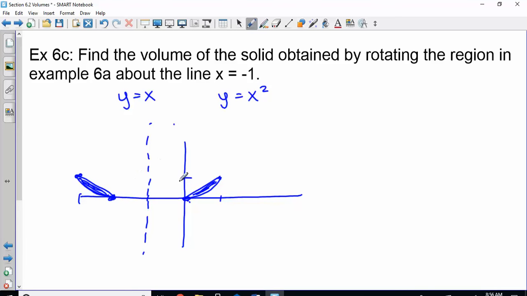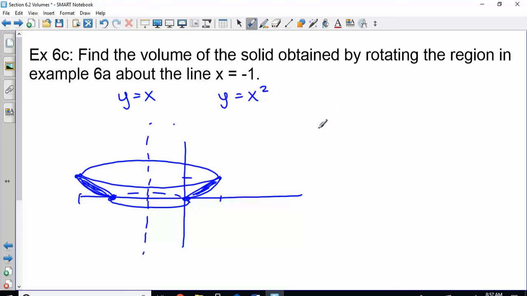So we are spinning that, and we are getting something like this. It's solid on the outside, hollow in the middle. My pictures are not very good, but it's like a bowl with an open bottom.